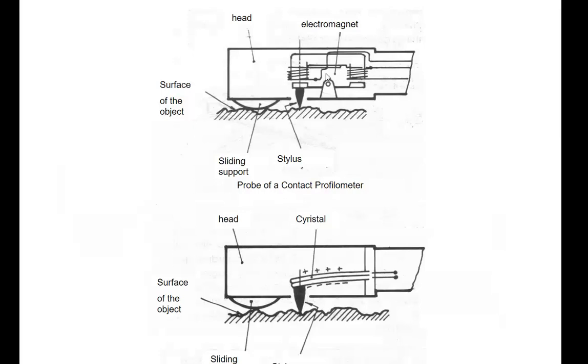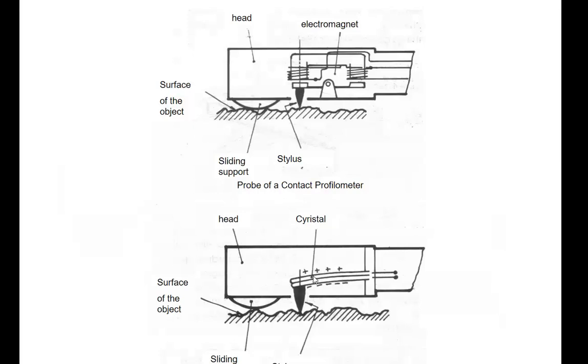So the changing values of the electrical potential in the magnetic field are calibrated and converted to the size of roughness. In the other type, a bimetallic strip is used.